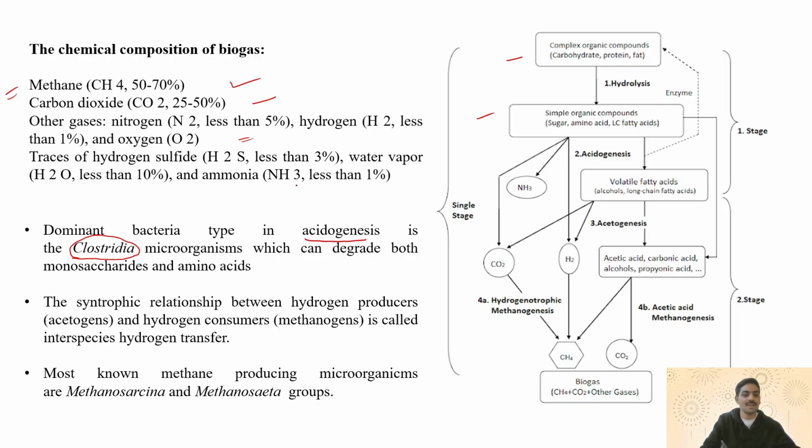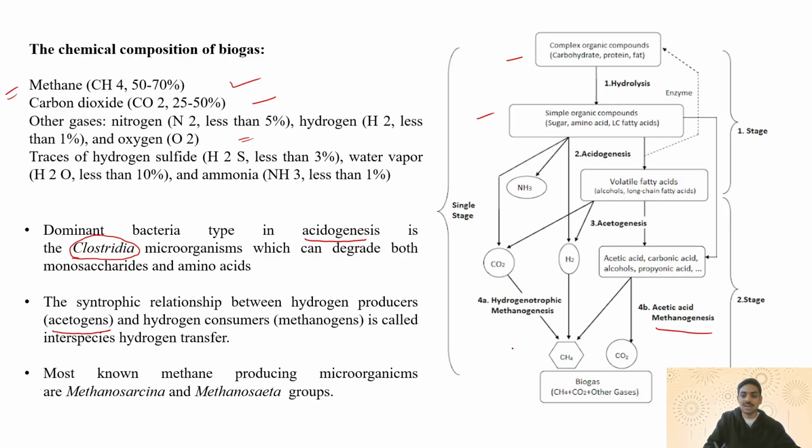Here comes our acidogenic bacteria, that is Clostridia. They act upon these hydrolyzed products and give volatile fatty acids, and now these will be acted upon by acetogenesis, that is by acetogens. These act upon the products of acidogenesis and give us acetic acid, carbonic acid, and propionic acid respectively. Now, these products of acetogenesis will be acted upon by our methanogens.